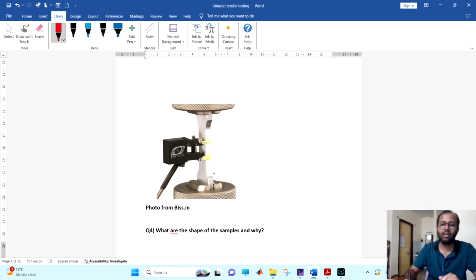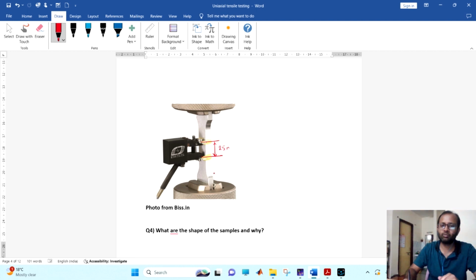Here you can see this is a dog bone shaped specimen, and we have kept the extensometer. This is the extensometer. The length between these two points is always fixed.